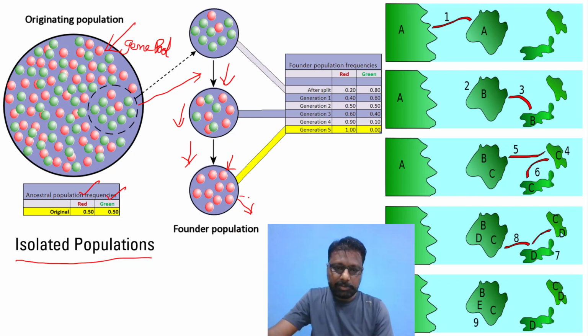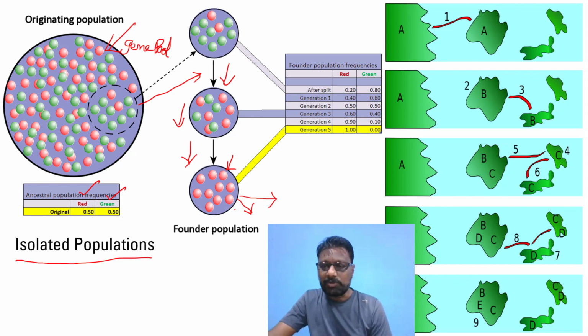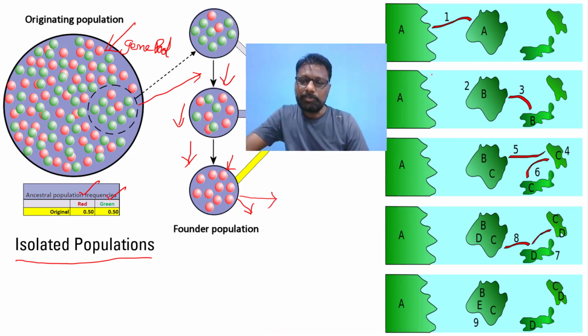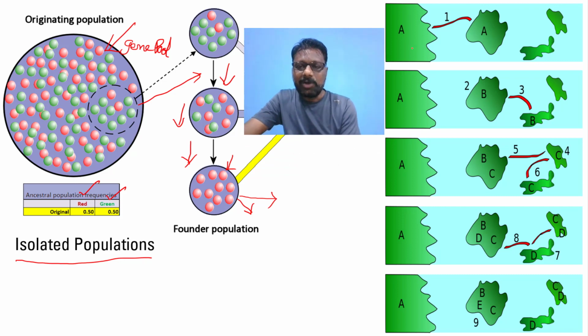This founder population will have a different set of genetic diversity. We can see this when some toads or birds migrate from the mainland to the island, and gradually, purely by chance, they get converted into a different species. A is converted into B.